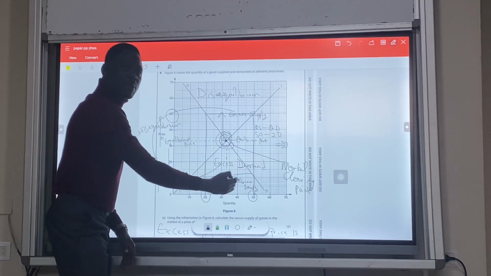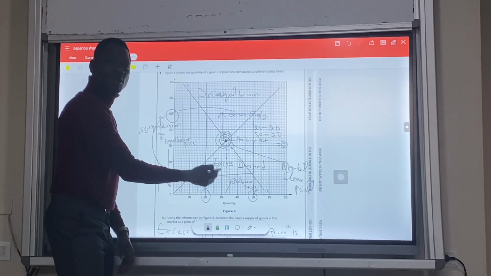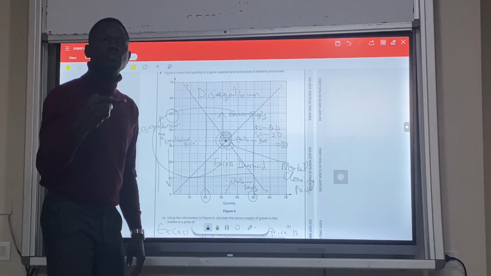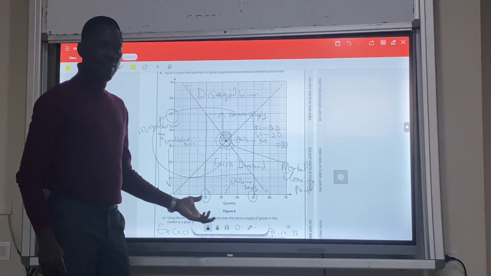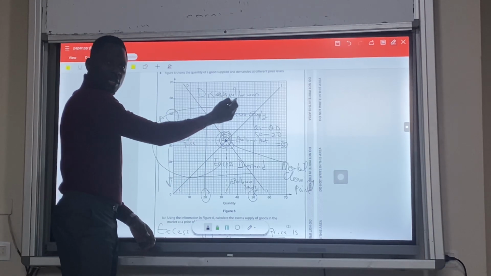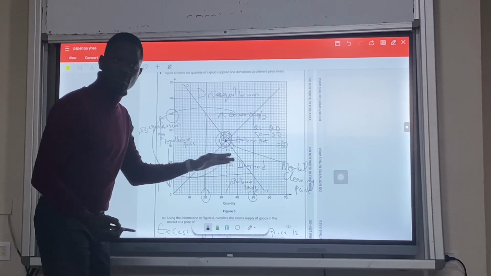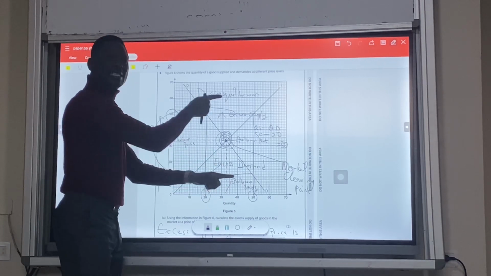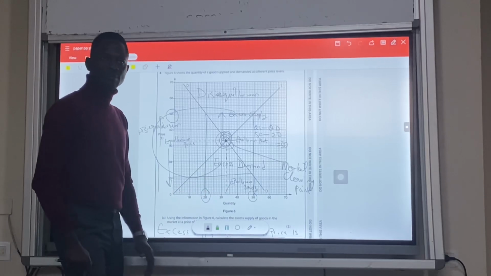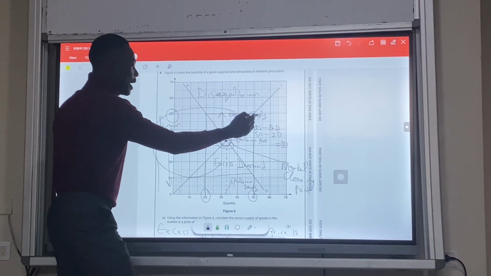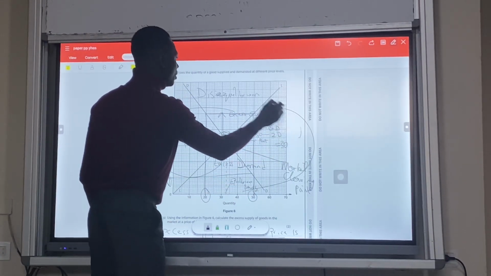Here, producers will not be able to supply more because there's no incentive to supply more. They're not going to make profit because it's a lower price. The incentive to supply more is here. The incentive to consume more is here. Because they don't have the same agreement, it will lead to excess supply or excess demand. Both will bring about disequilibrium.